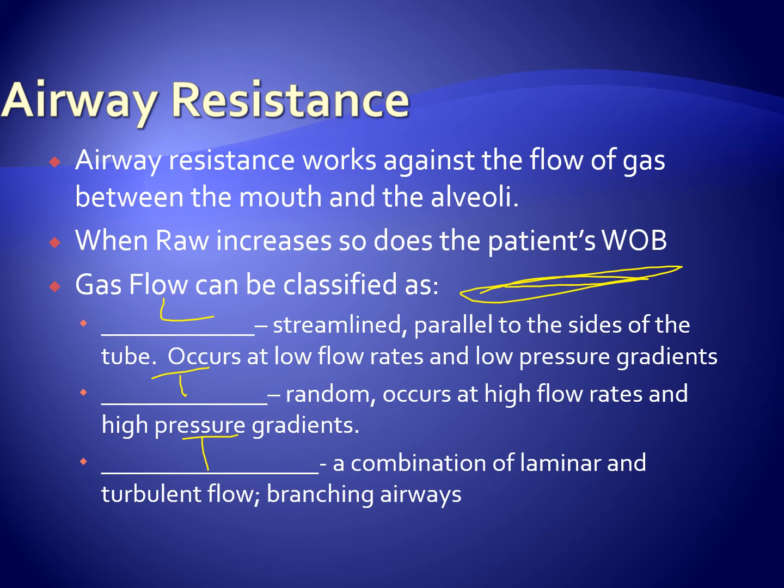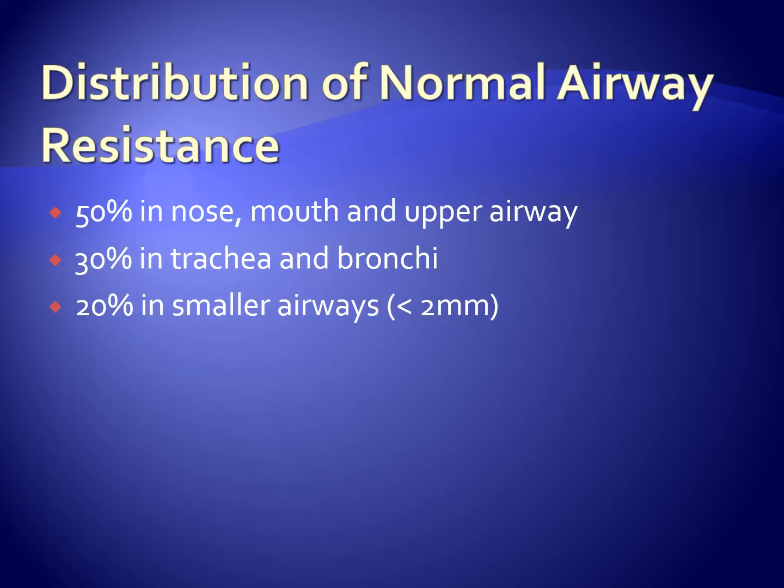You might ask, why do I need to know this? Well, let's say we have someone with severe asthma or severe emphysema, and we intubate. We bypass their mouth and their upper airway. We go below their vocal cords; the tube extends below their vocal cords. When we do this, we bypass their nose, their mouth, and the upper airway.